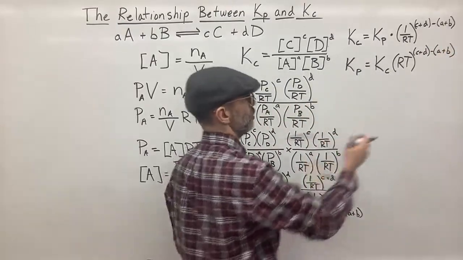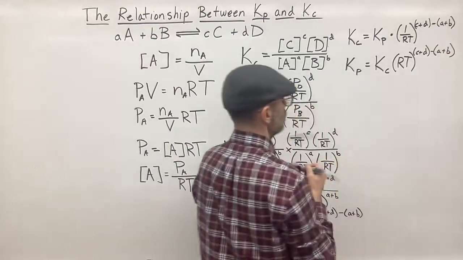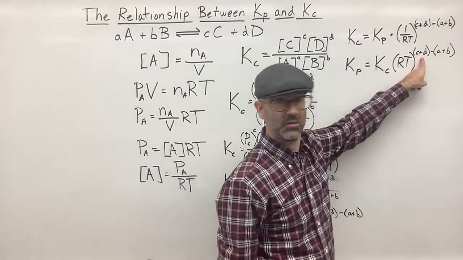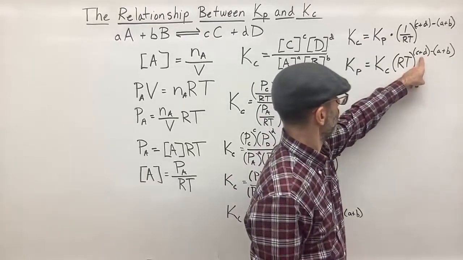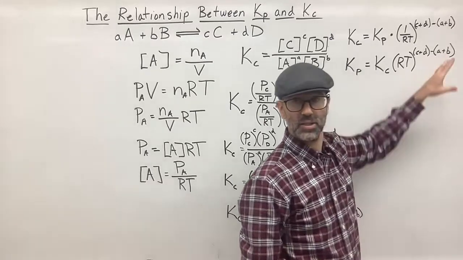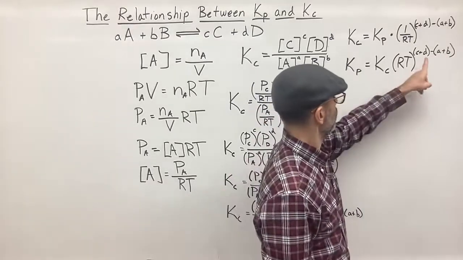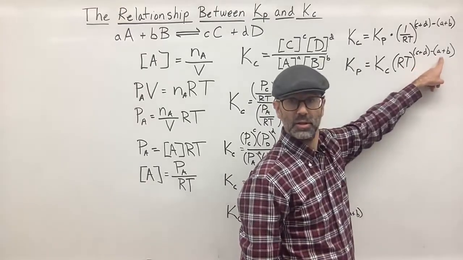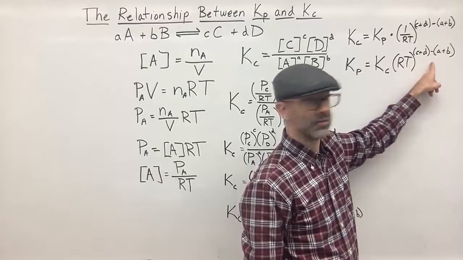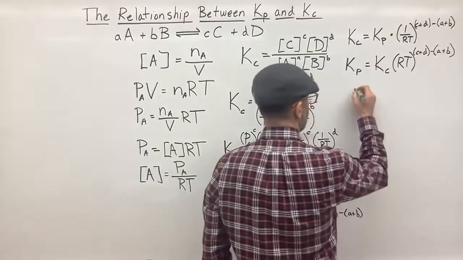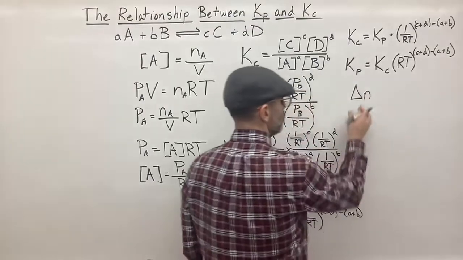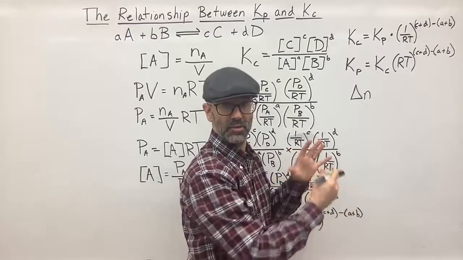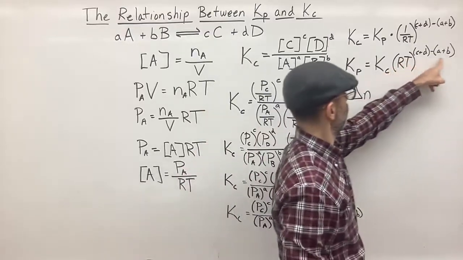And then what we could do is, this will be this, if we understand what these coefficients mean. These are the coefficients of the products, and these are the coefficients of the reactants, and these are in the gaseous phase. So these are the difference in the moles of the gaseous reactants and products. So we can say that delta N, the change in the number of moles of your gaseous reactants and products, is this here.